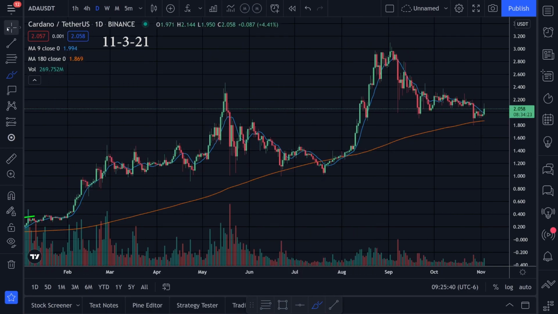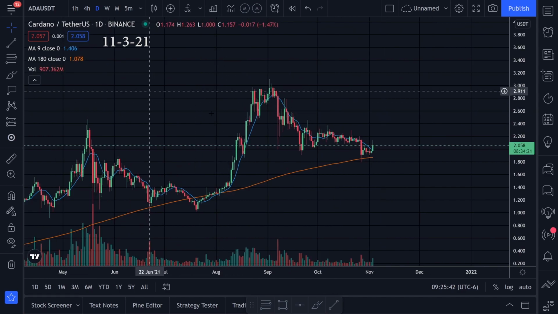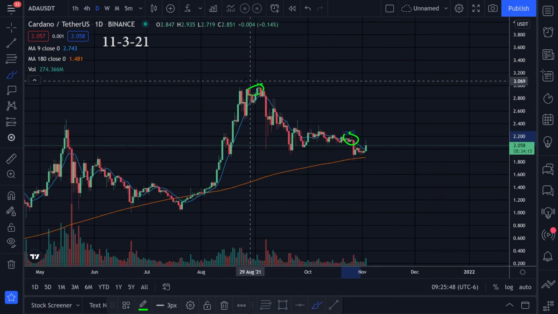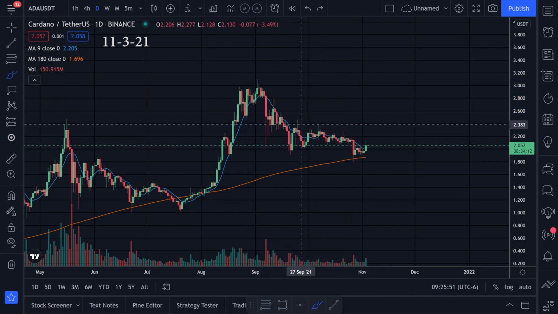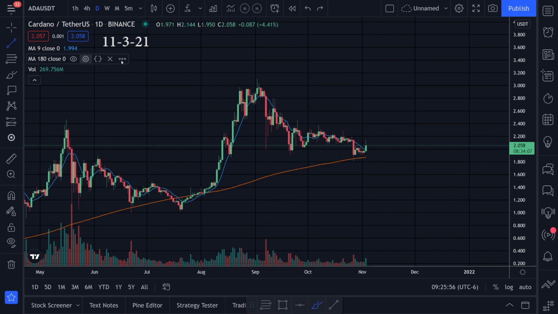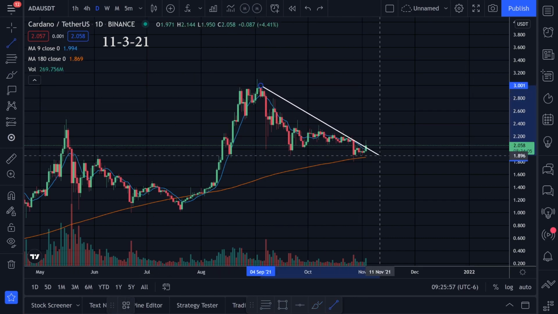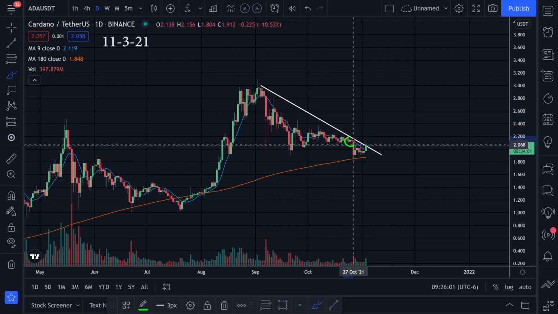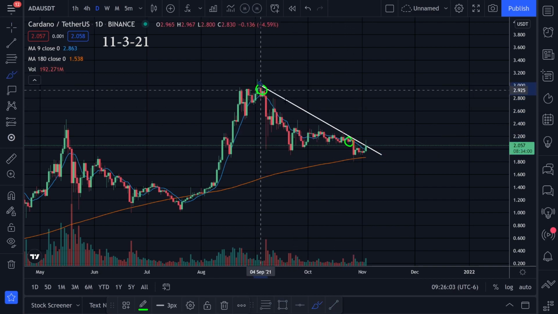In general, if we go back to the daily time frame, we deleted everything, and we have the previous top right here and the previous resistance, maybe something like this. I was really looking at this resistance line more than anything, but we could also maybe draw a trend line from the top to this previous resistance, something like that, where we're looking at this and this.